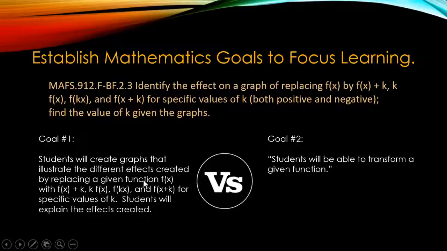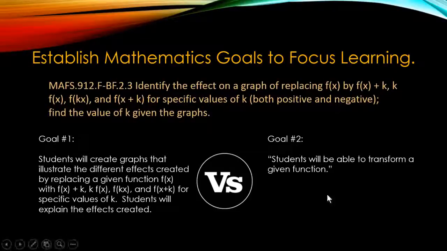The activities students would engage in for goal 1 help them to see the relationship between the function equation and the changes that k causes to the graph. This is especially important for our students to see these kinds of things because we know they have misconceptions, especially when it comes to horizontal transformations.